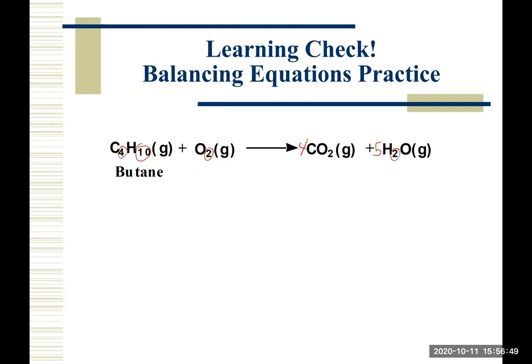And if we calculate what we have on the product side, that is 4 times 2, which gives us a total of 8 oxygens, and then 5 times 1, which gives us a total of 5 oxygens. And so we have a total on the product side of 13 oxygens.